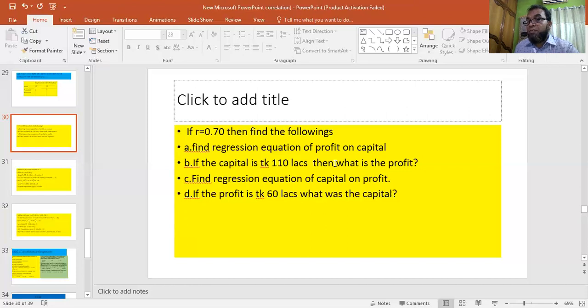Mind you, these two things are very important for calculation of regression, regression coefficient, regression equation, and for finding any value of the dependent variable or a particular value of the independent variable. It is very important to identify which is the independent variable and which is the dependent variable.